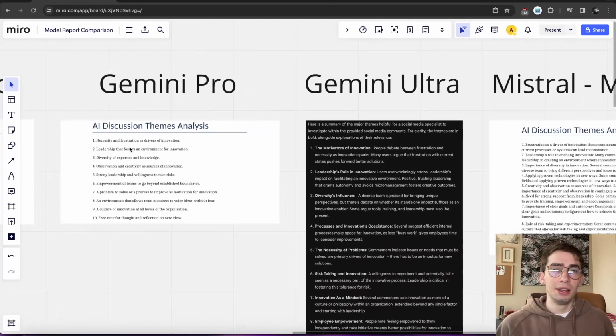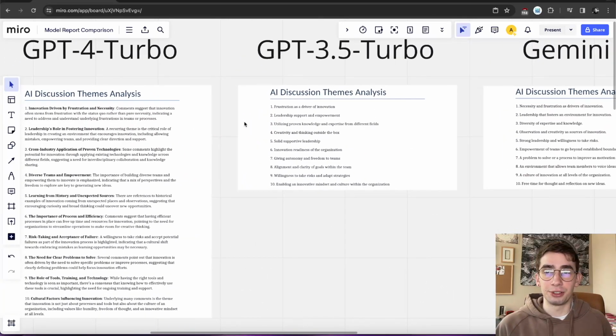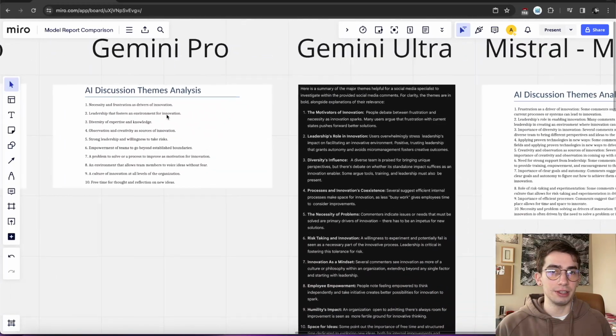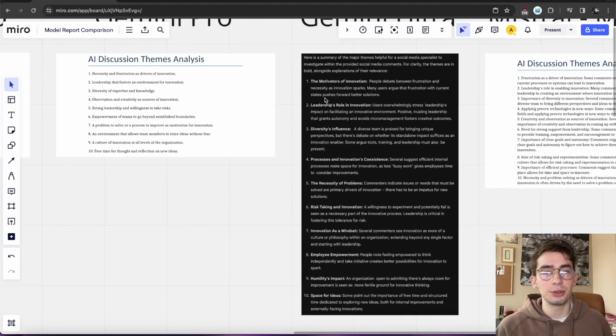What did was Gemini Ultra, and Gemini Ultra is very similar, I feel, in output to GPT-4 Turbo in this case, where it was able to go through, do the similar bolding of the actual themes, and then provide a decent explanation of why.